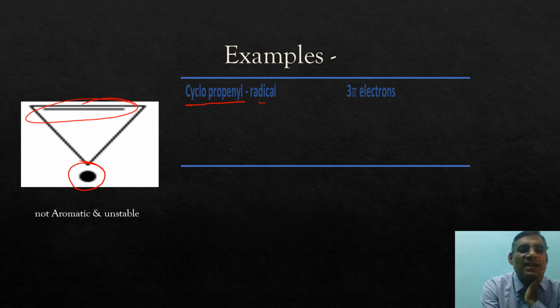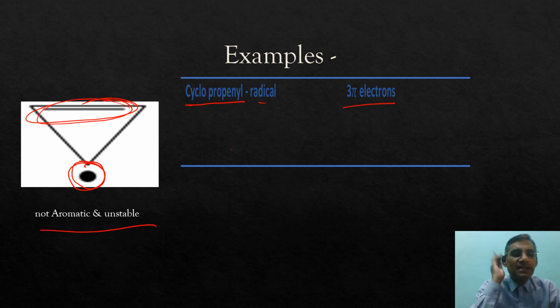Cyclopropenyl radical. Here these are 2 pi electrons and this is one free electron. So 3 pi electrons are there. But here Hückel's rule is not followed, so this can't be aromatic. It is not aromatic and will be unstable.